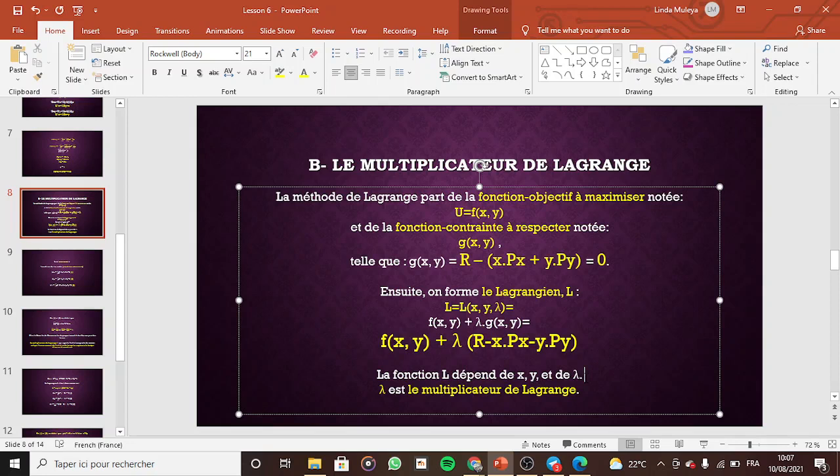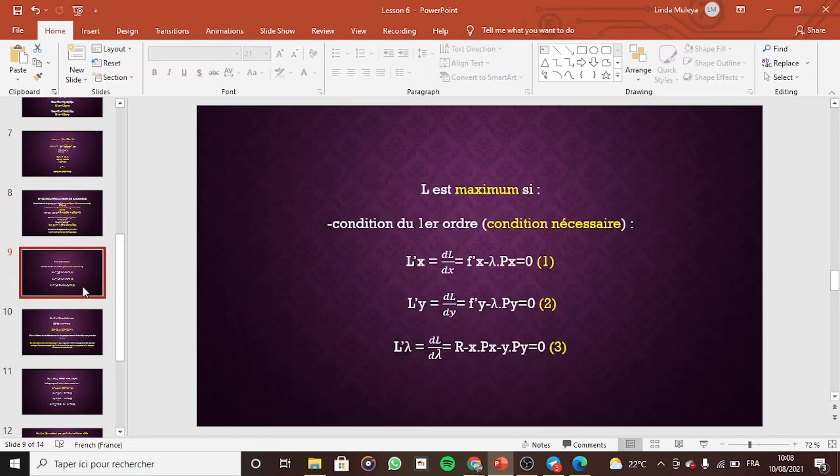Yes, that final formula, can it just end on f of x and y? Because this whole thing at the end is just equal to 0. Not entirely. Oh yes, okay, yes, it is equal to 0. When you multiply this times Lagrange, it will still give you 0. But you'll see why it's like this as we begin to apply it. The thing is that you'll be using this formula to find different things.